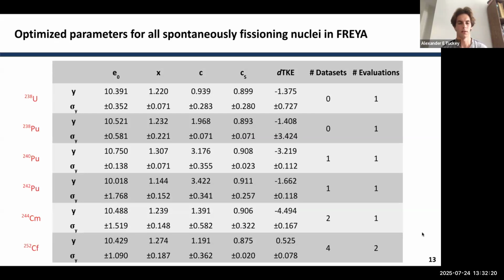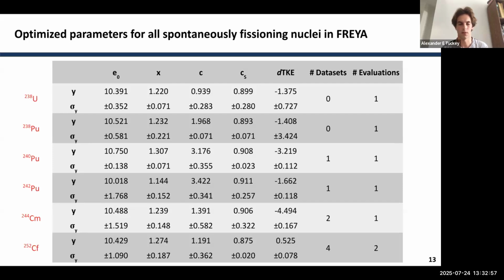Here are all of the optimized parameter values and their uncertainties for the spontaneously fissioning nuclei in Freya. I'm not going to go through all of them here. It'll be kind of a lot, but I will remark that the quality of the fit and the level of constrainment of the Freya parameters is based on the amount of data that we feed into any optimization, since the data is what we're using as a benchmark.